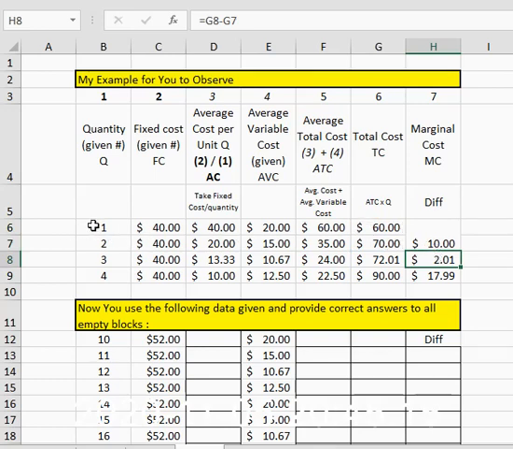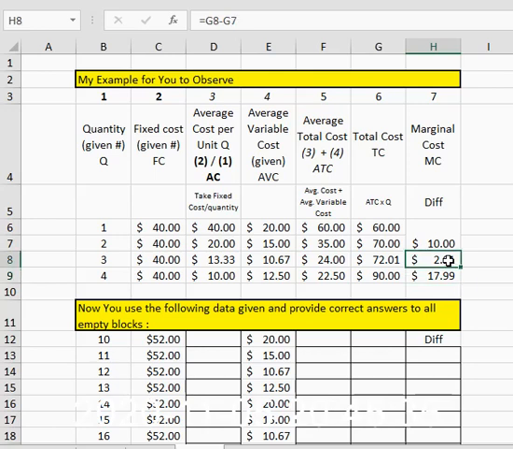So when we went from selling one unit to 2 units, our marginal cost went up $10. But look what happens when we go up from selling 2 units to 3 units. Our marginal cost is only $2.01.